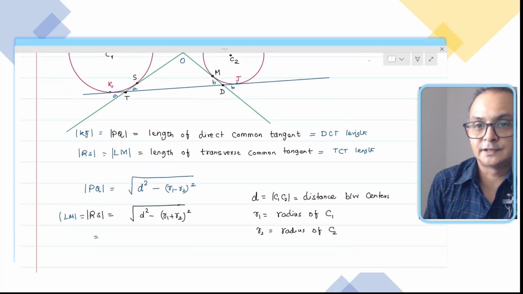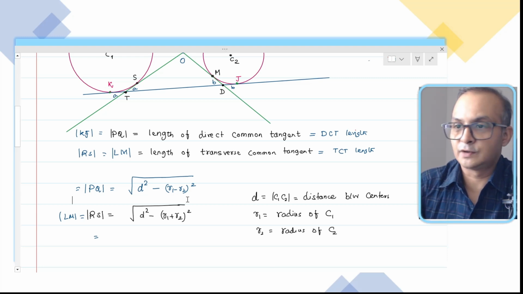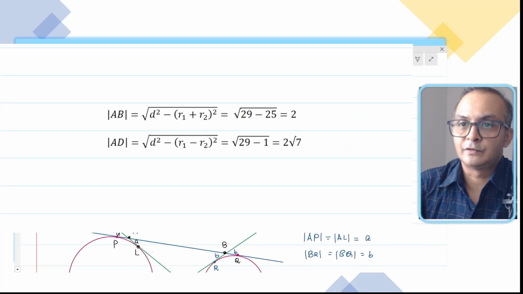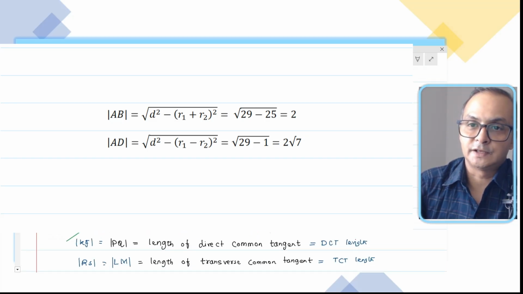For the direct common tangent, there is PQ, and all the things are known to you. There is D, R1 and R2, and from there we can evaluate the AD as well, and we already evaluated AB. I don't think I need to calculate this, because I hope all of the calculations after this you can carry on.